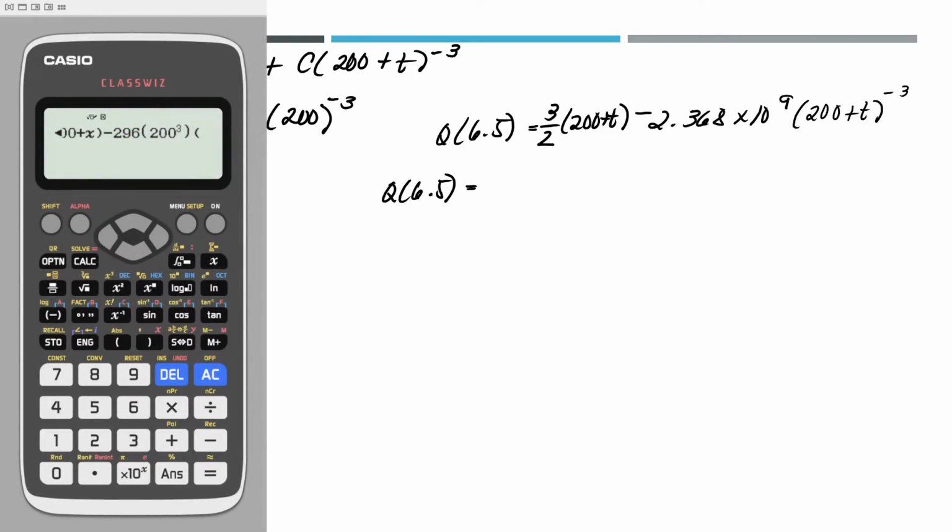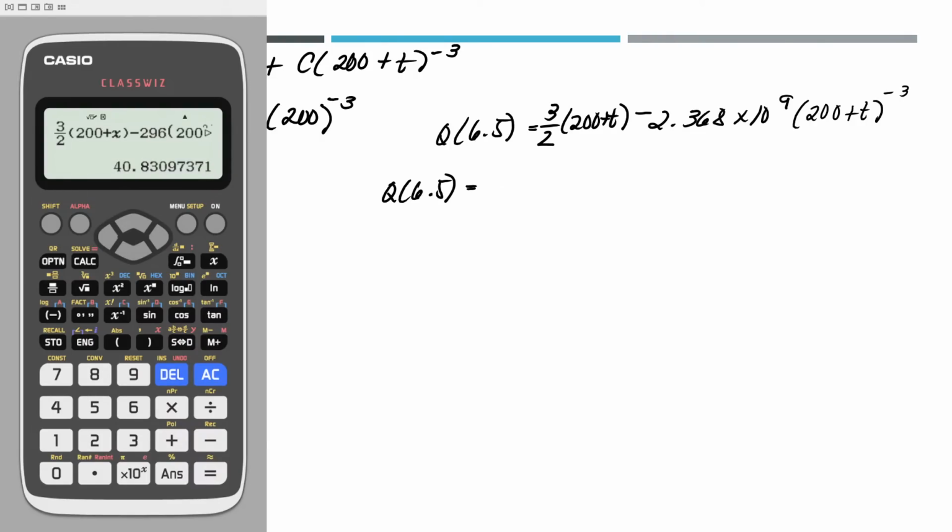So, 200, that is 200 plus x raised to negative. Okay, so just press calc. So, we have 6.5. Okay, this is equivalent to 40.831.